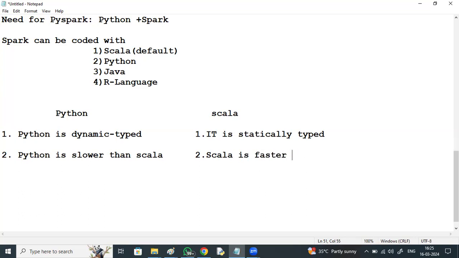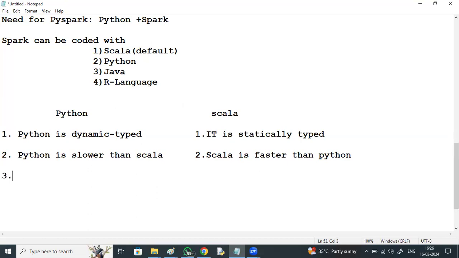Scala is a scalable, extensible language, an extension to the Java language. Scala also uses the JVM, the Java Virtual Machine. Python is an interpreted language with line-by-line execution, so compared to Scala it is a little slower.